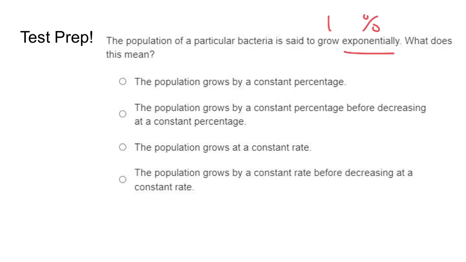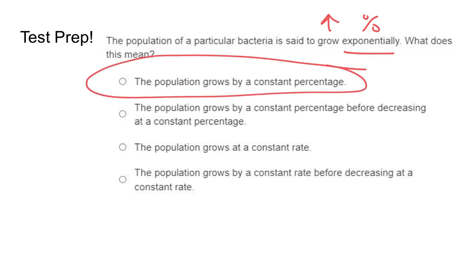If it's growing, it's increasing by that percentage. Grows by a constant percentage. This one that grows by a percentage before decreasing at a percentage would be a situation of probably a quadratic. And this one that's growing by a constant rate before decreasing at a constant rate would be an absolute value function. This one that just grows at a constant rate would just be linear. So the only one that would work there would be A.